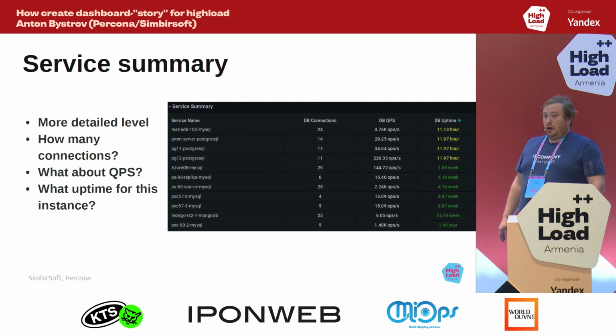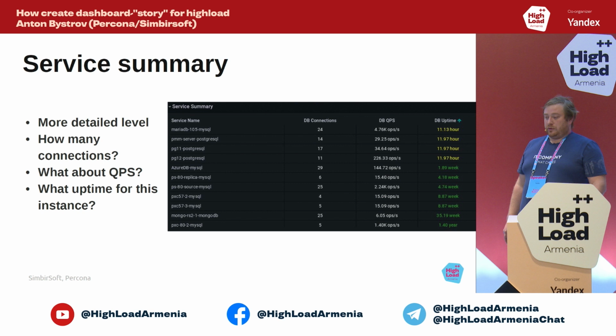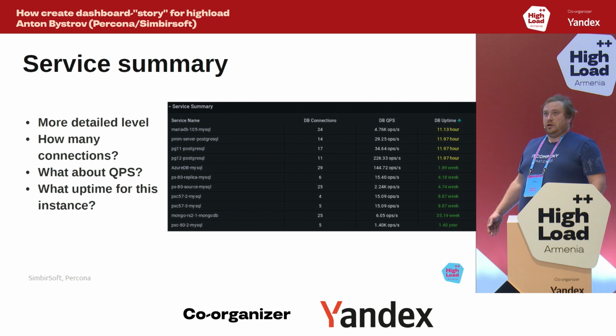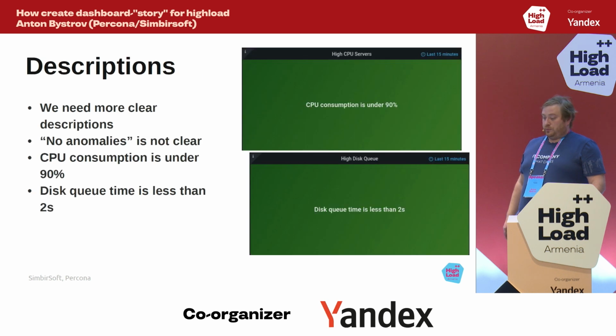What can we do? After we showed our proof of concept to our other teams, we got some feedback, and we decided that we need some refactoring and some improvements to make it more complete and more helpful. And what did we do?